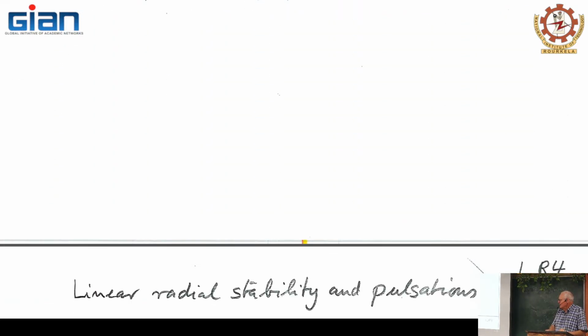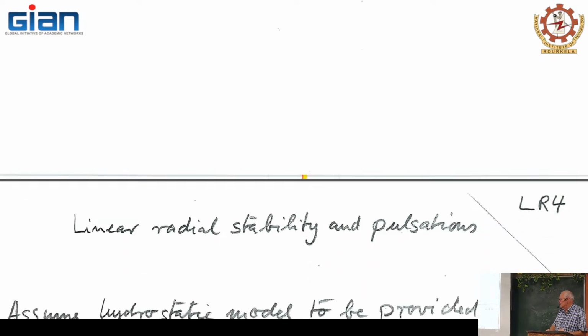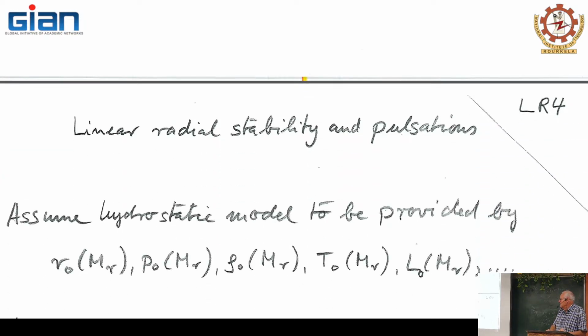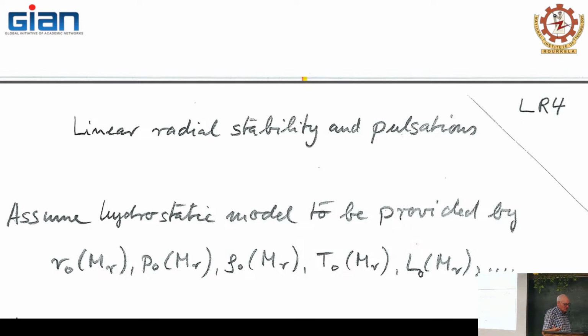Now let's go to the linear radial stability and pulsations. Well, we assume, of course, as said before, a hydrostatic model to be provided by R0 as a function of m, P0 as a function of m, density, temperature, luminosity, and so on, as a function of the radial Lagrangian coordinate, being time-independent quantities.